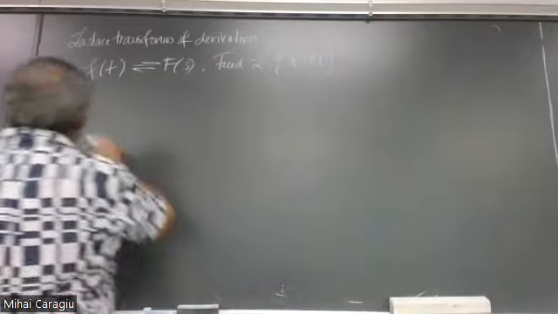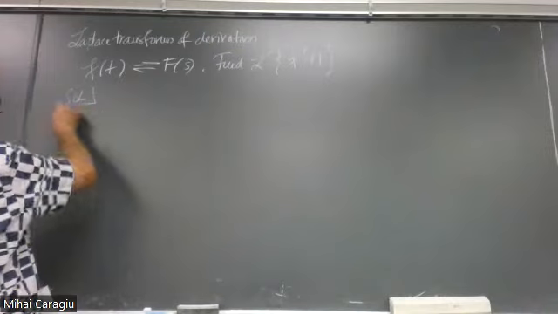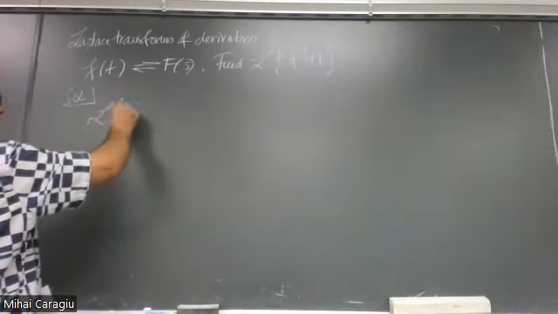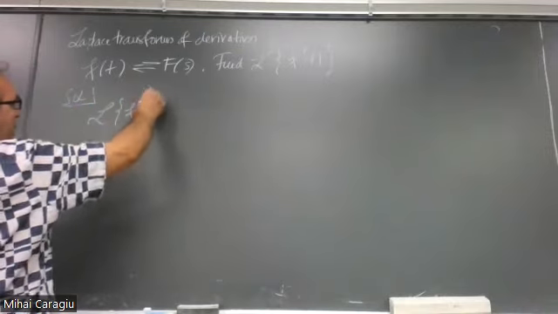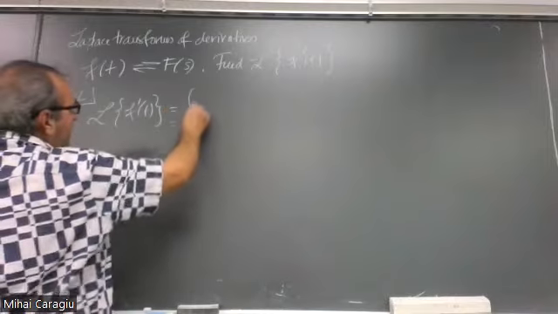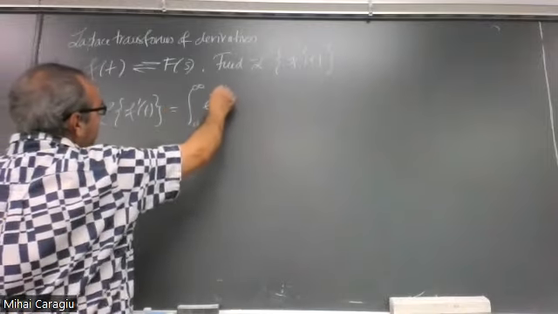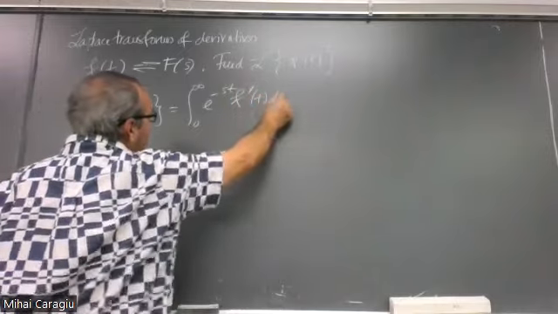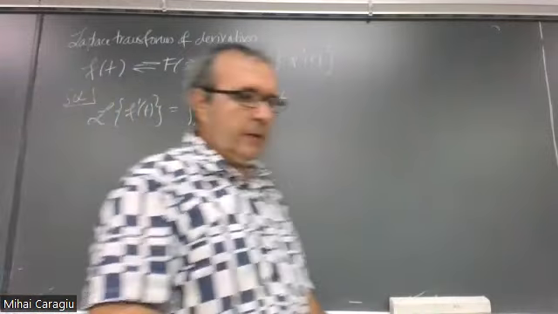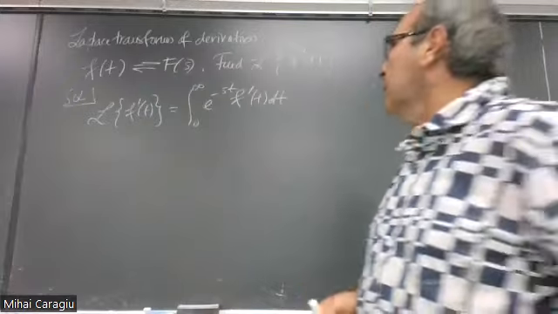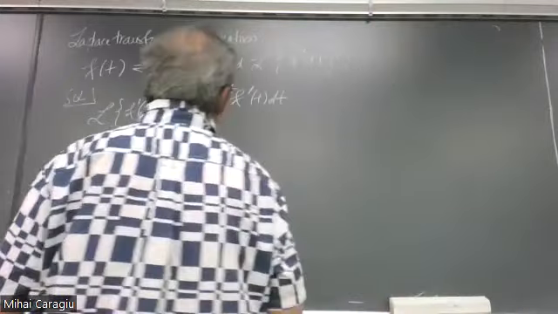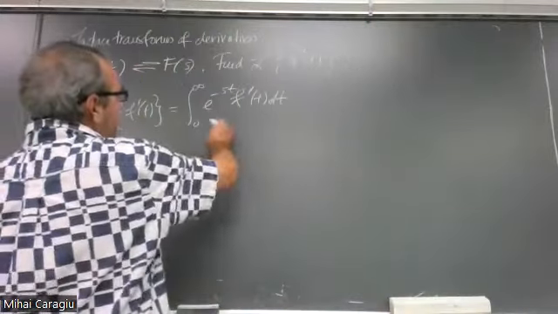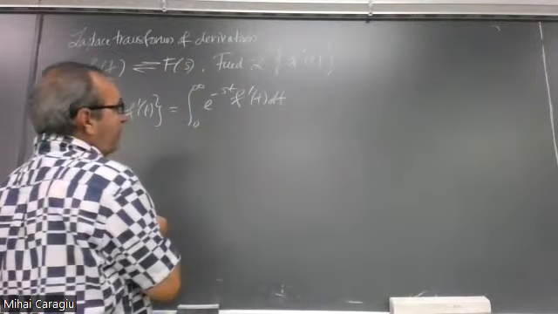Okay, so let's do the solution. The Laplace transform of f prime of t is the integral from 0 to infinity of e to the minus st f prime of t dt. Now let's try integration by parts, in which u is e to the minus st and dv is f prime of t dt.